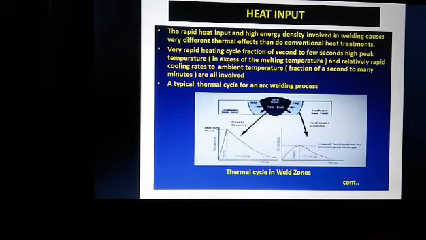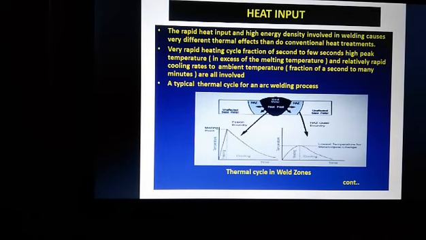Very rapid heating cycle, a fraction of a second to a few seconds, high peak temperature in excess of the melting temperature, and relatively rapid cooling rates to ambient temperature, a fraction of a second to many minutes, are all involved. A typical thermal cycle for an arc welding process schematic is shown.